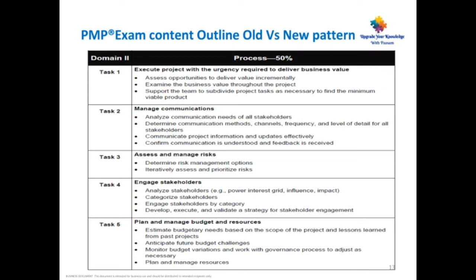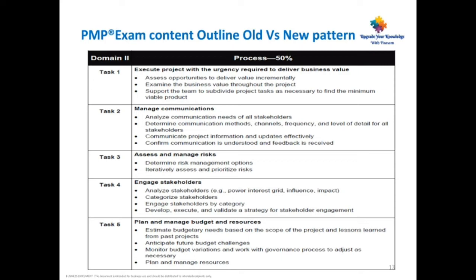So nothing to worry, if you have gone through the old resources, you can easily attend the questions in the new pattern also. Task 3, assess and manage risk, this was also there. Task 4, engage stakeholders: analyze stakeholders, this is the same stakeholder grid, and then categorize stakeholders, engage stakeholders by developing, executing and validating a strategy for stakeholder engagement.